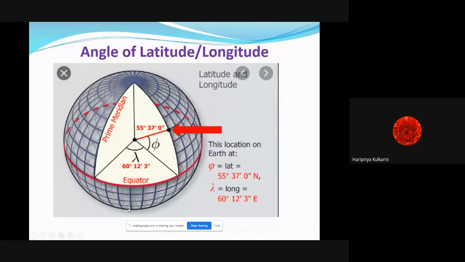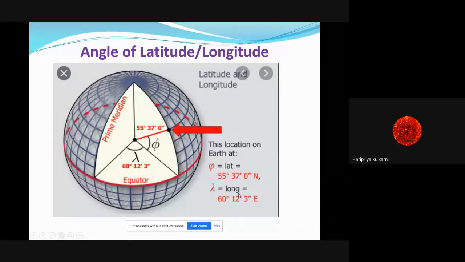If it is towards south, it is negative, and it is measured from the equatorial plane. Here, if we measure this angle phi, let us say it is 55 degree 37 north. N is given for north. So the latitude angle is towards north or towards south. I hope you have understood it because it is the simplest way I can express.